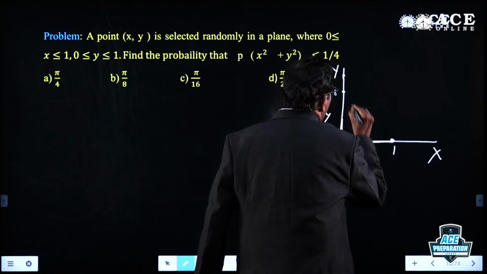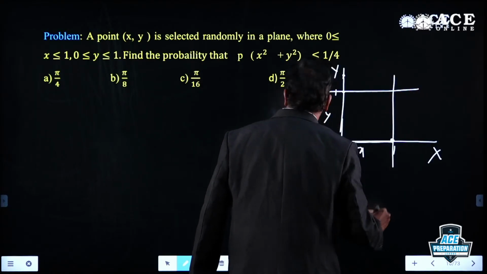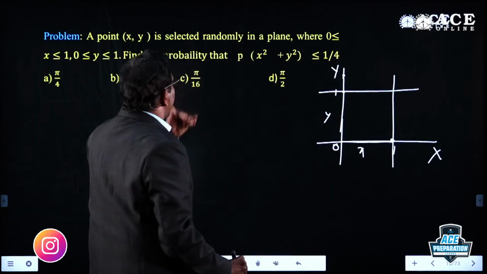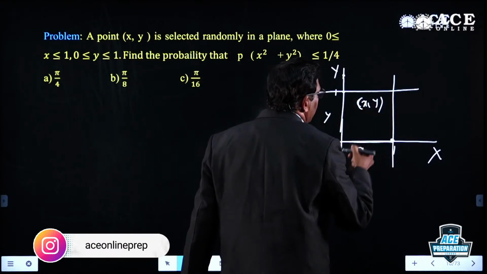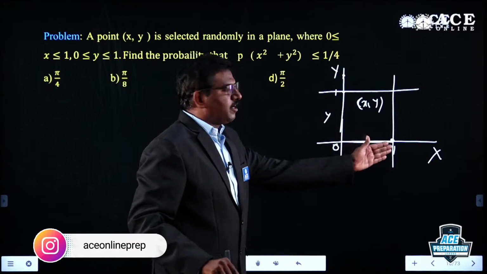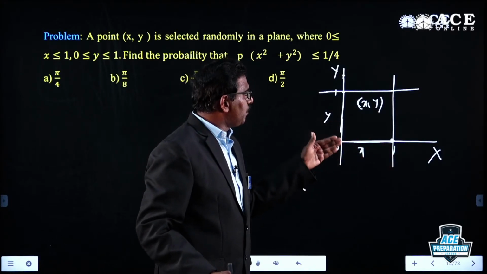A point (x, y) is selected randomly in a plane. You can take a point (x, y) randomly here, but the maximum value of x is 1, between 0 and 1 only.